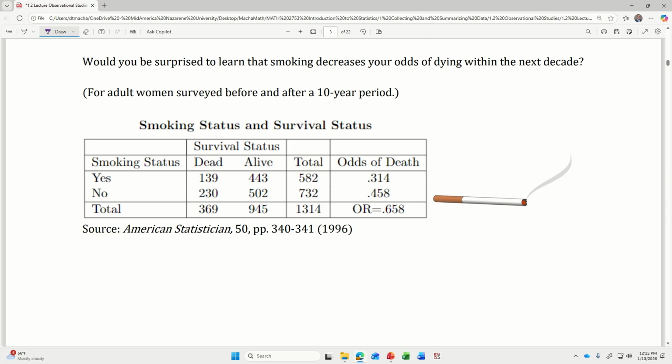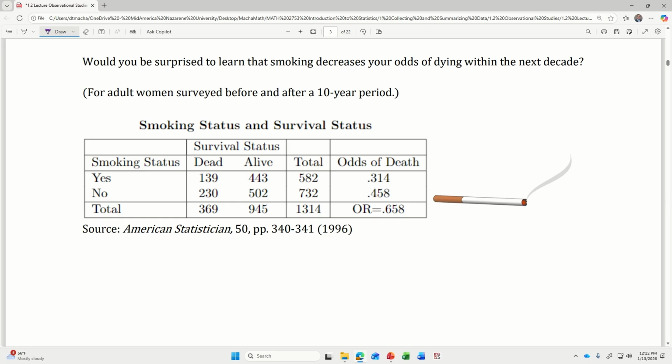Without reading what's on the page, would you be surprised to know that smoking actually could reduce your chance of all-cause mortality? So they conducted this study back in 1996, and this was only adult women in the sample. And what are we looking at? Some of the people in the sample were smokers and some were not smokers.